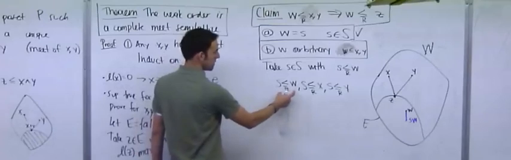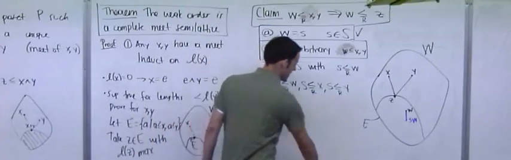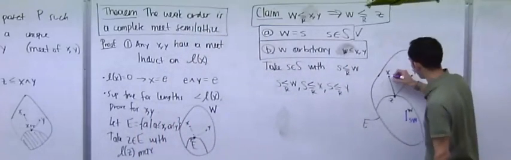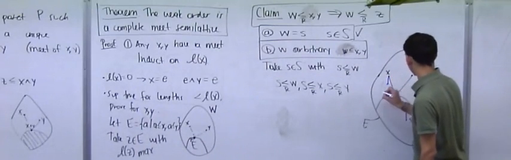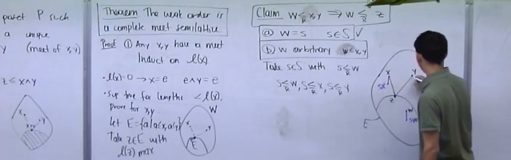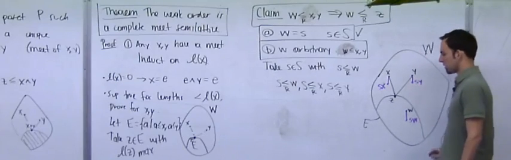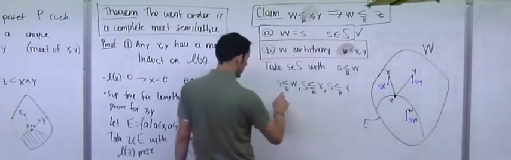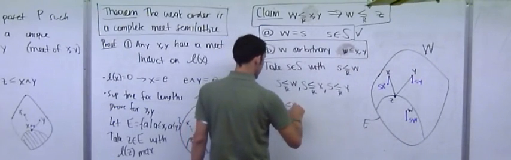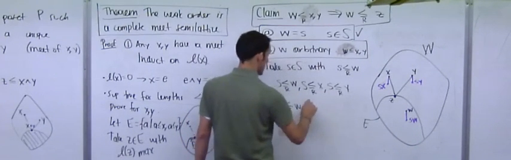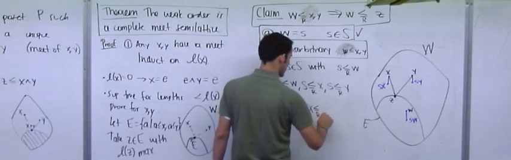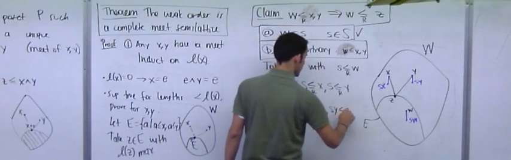And each one of these implies that I have edges going down like this in my poset. So, in symbols, SW is less than or equal to W, Sy is less than or equal to y.